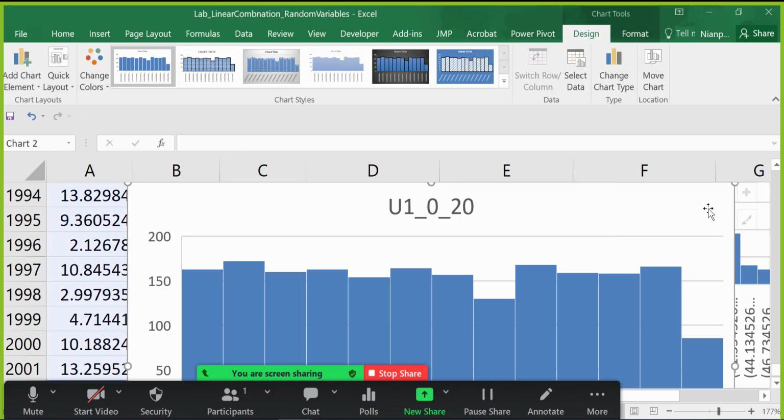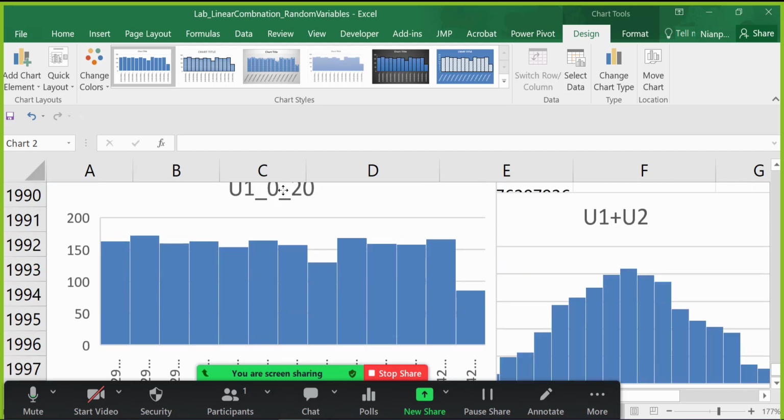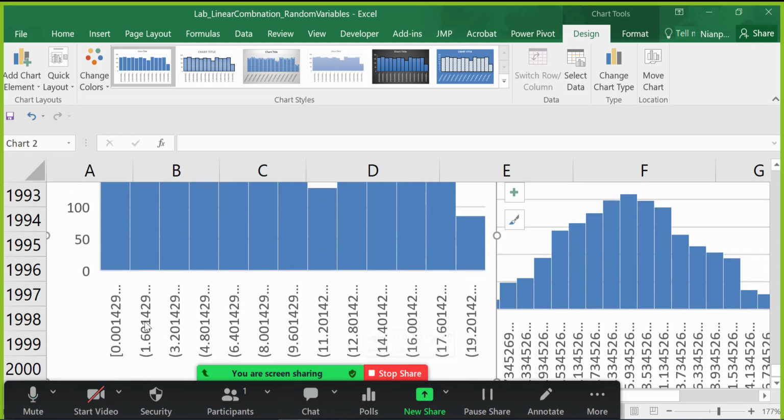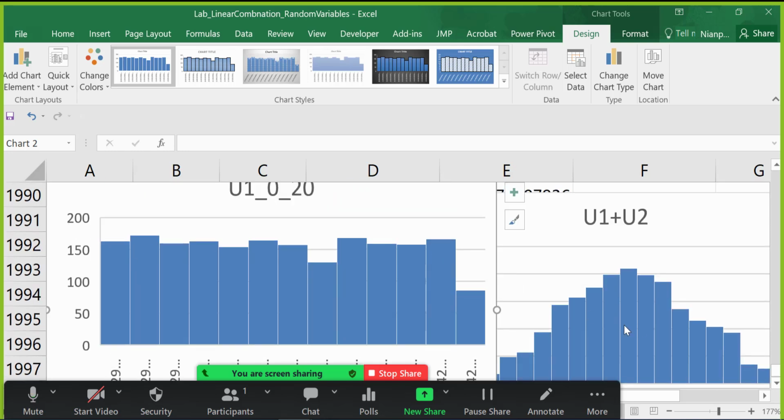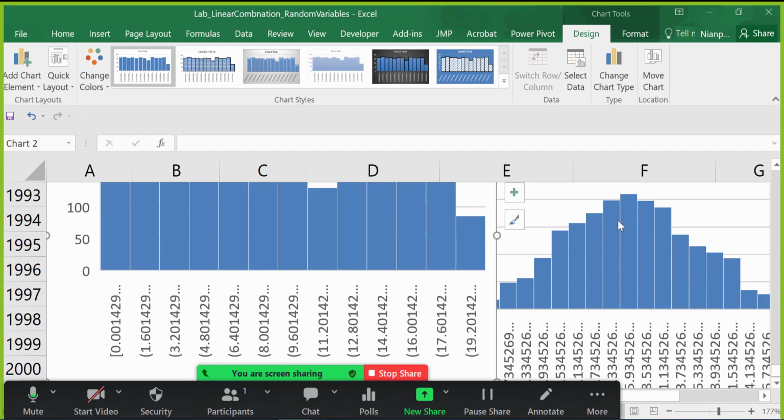So you look at this one. This is uniform. That means the chances or the frequency is equally likely. It's almost the same for each interval. But here, U1 plus U2 is most likely in the center area, right? Less likely on the edge. So certainly, when you add together, it's not uniform anymore.